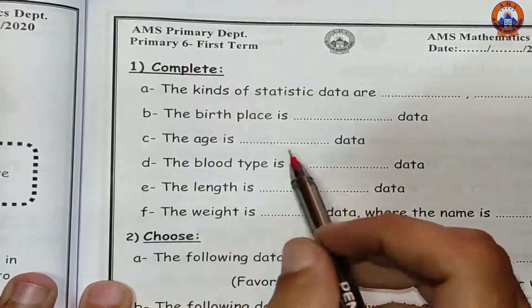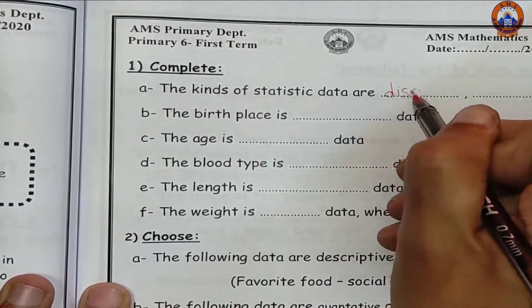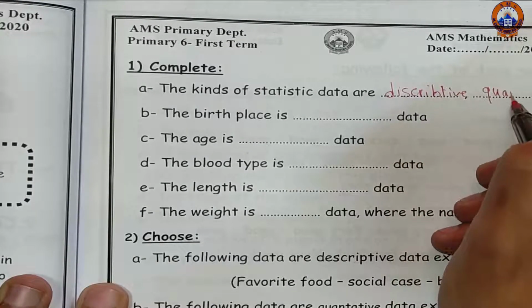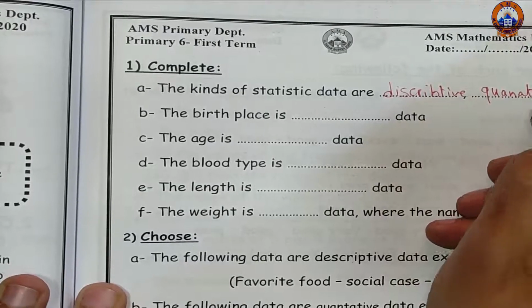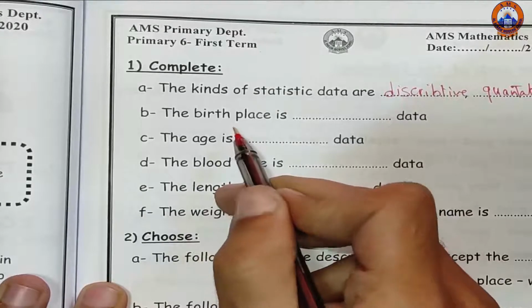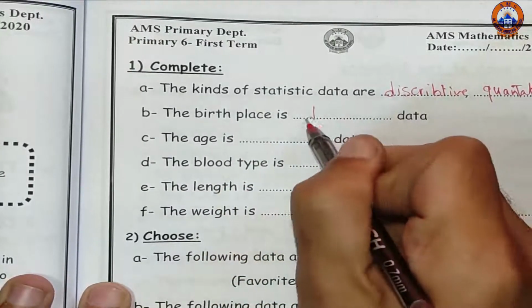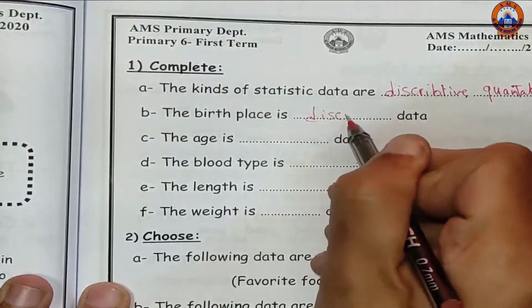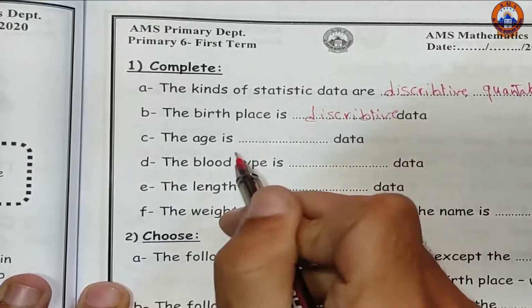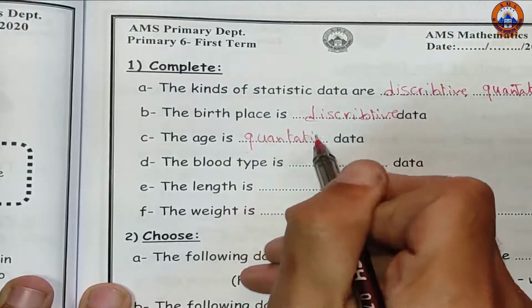Number one, complete. The kinds of statistical data are descriptive and quantitative data. The birthplace is an address, so you write it in letters, so this is descriptive data. The age, you write as a number, so this is quantitative data.